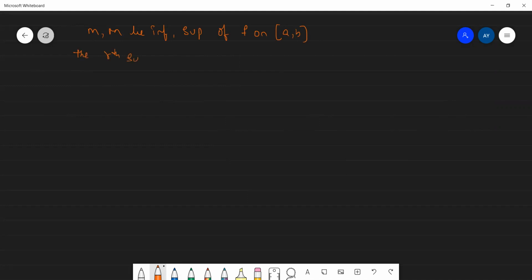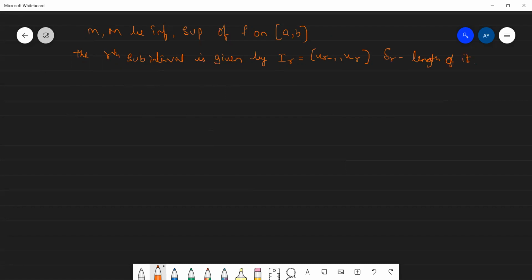The rth subinterval is given by I_r = [x_(r-1), x_r]. And what is delta r? Delta r is the length of the rth subinterval.